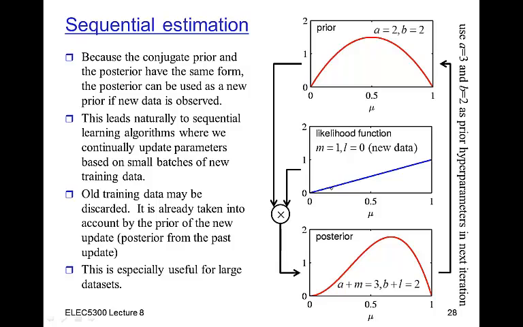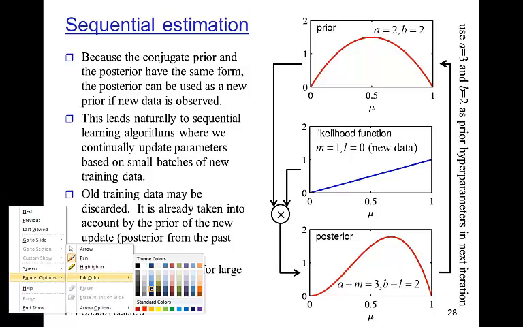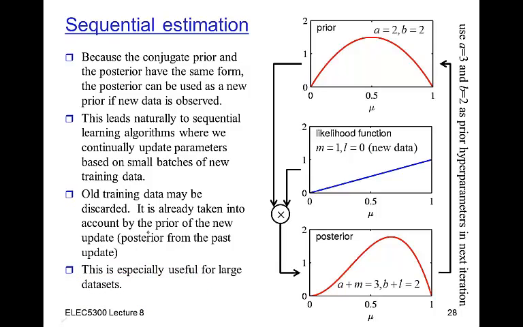Now if a new piece of data comes in, I can just take this one, put it over here, and let's say the next time I get tails. Then the likelihood function would look like this.